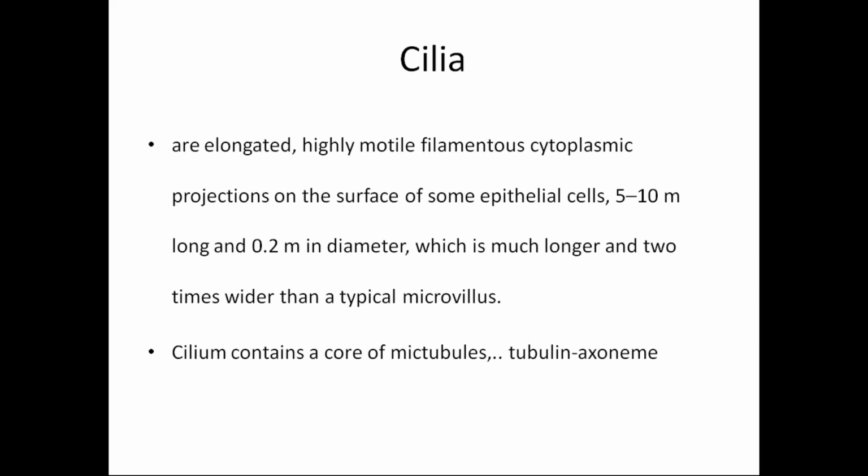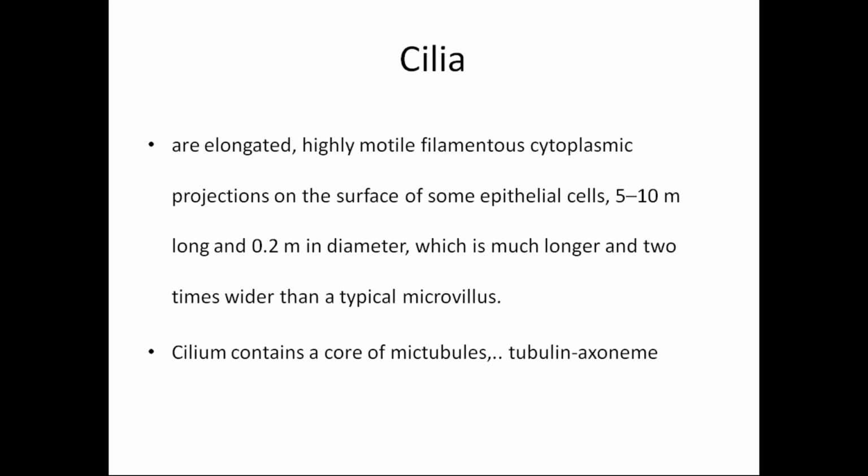So this is very important, and cilia, as we know, help to clear our respiratory tract, and they also lie in the fallopian tube, so that when the ovum is discharged, it goes to the uterine cavity by these ciliary beats. So this cilium is very important.